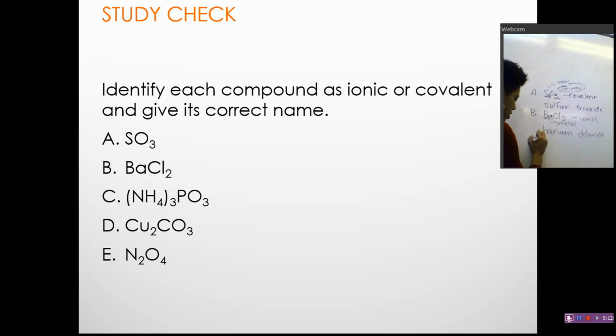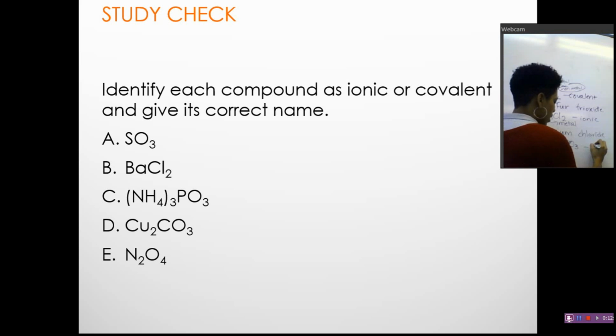All right, let's take a look at C. C is (NH4)3PO3. Well, remember the rule says that it's ionic if it begins with the metal or the ammonium ion. Well, this is the ammonium polyatomic ion. How do we know that it's a polyatomic ion? Well, it's in parentheses and it's got a subscript around it telling us that we've got 3 of them, right?